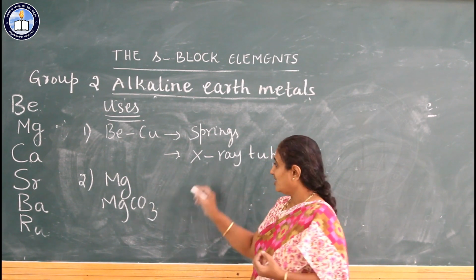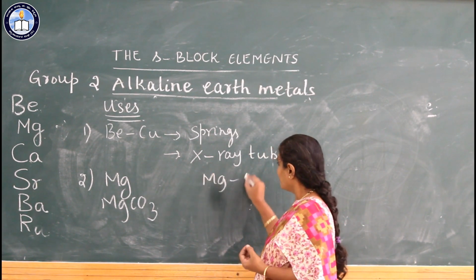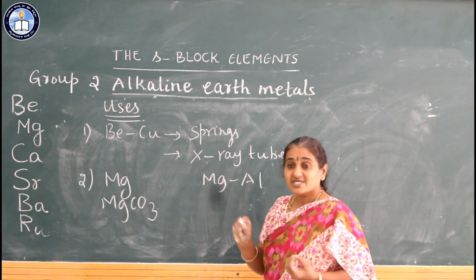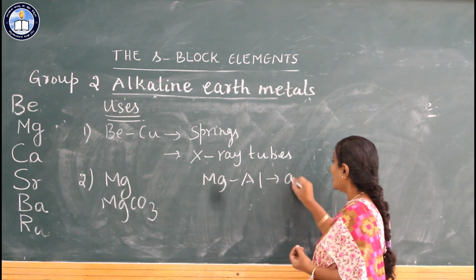Magnesium and aluminium, being light, can be used in air clamps.